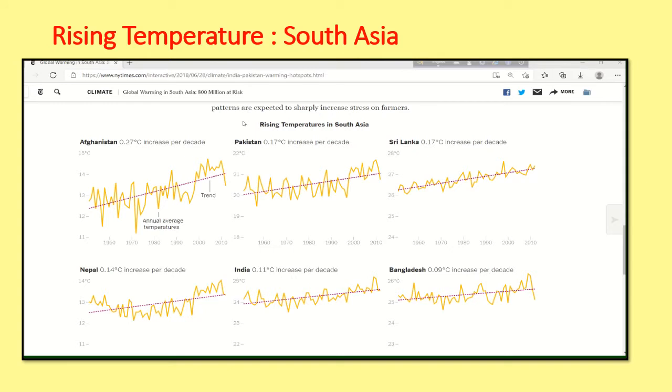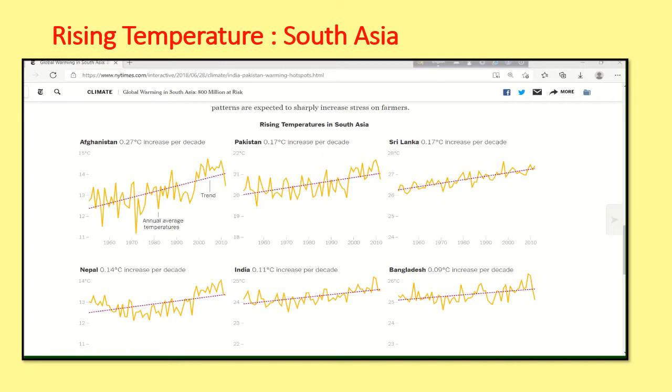Rising temperature in South Asia. In Afghanistan, 0.27 degrees centigrade increase per decade. In Pakistan, 0.17 degrees centigrade increase per decade. In Sri Lanka, 0.17 degrees centigrade increase per decade.